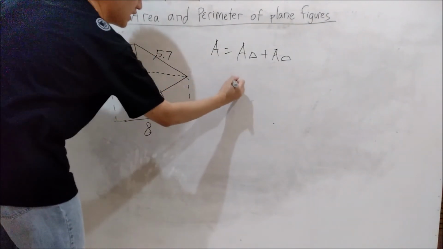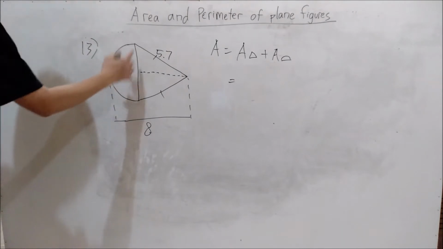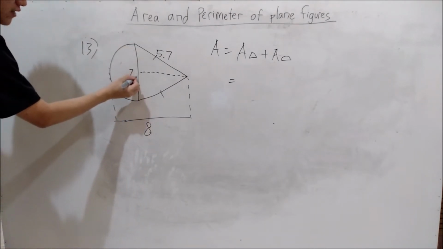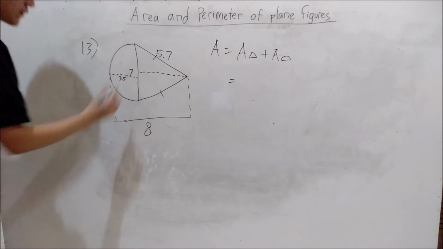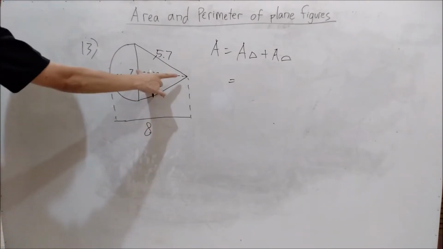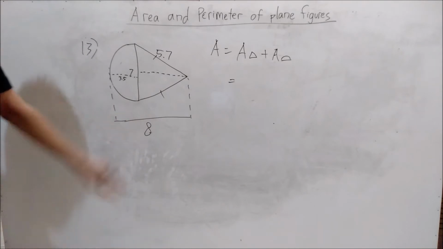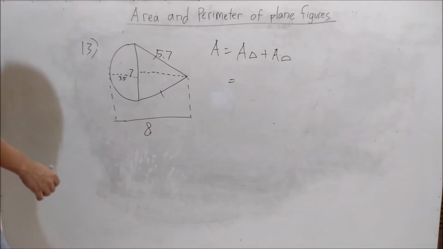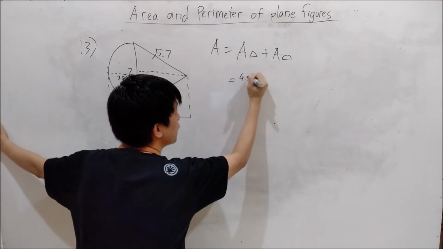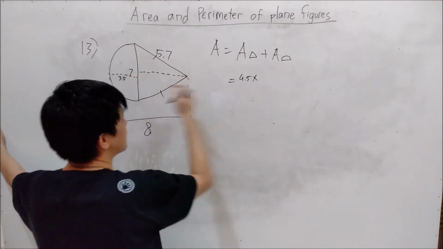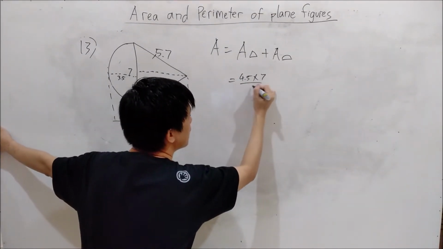What is the area of the triangle? The diameter is 7, so the radius is 3.5, right? If the radius is 3.5, that means the height of the triangle will be the rest of it, which is 4.5. So the area of the triangle will be 4.5 times 7 divided by 2.